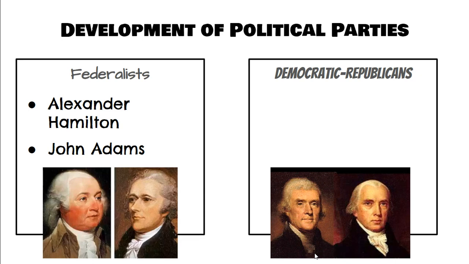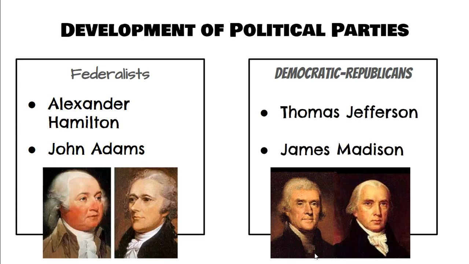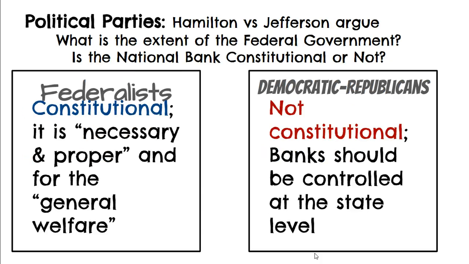On the Democratic Republican side, we have Thomas Jefferson, author of the Declaration, James Madison, father of the Constitution, and they're going to be more supportive of a strict constitution and also not having a national bank, but also having stronger state rights. Where on the Federalist side, they believe in a stronger federal government, being able to create that national bank and having a little bit more flexibility when it comes to what the Constitution allows the government to do.